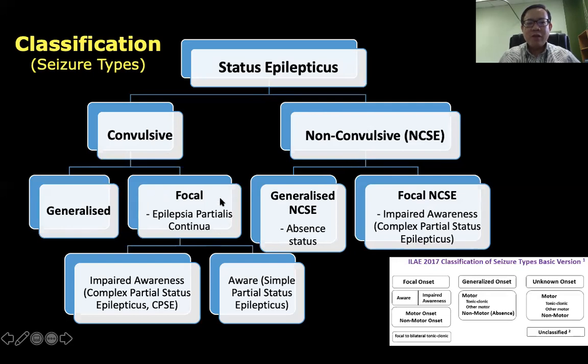Under the focal status epilepticus, which was called epilepsia partialis continua in the past, we can divide them briefly into impaired awareness or aware seizures as used in ILAE classifications. This will be useful later on to classify and to define the severity as well as to identify the underlying etiology.